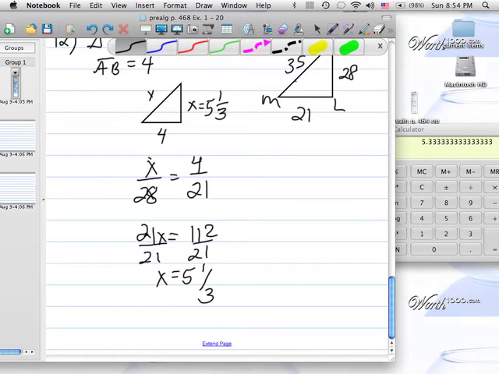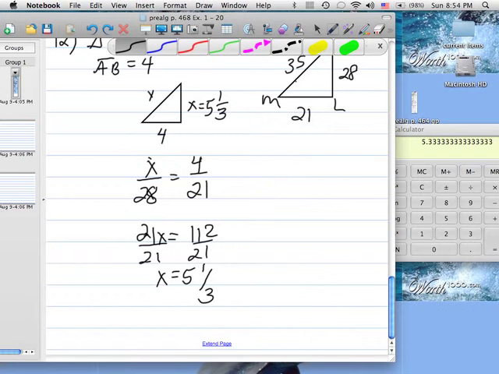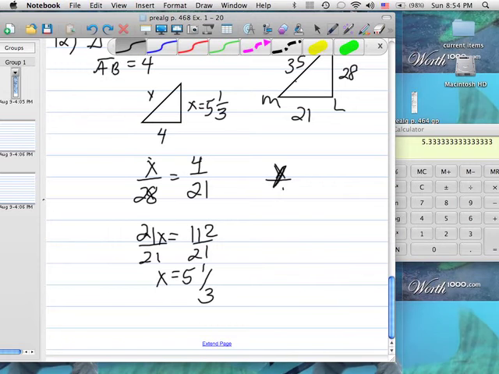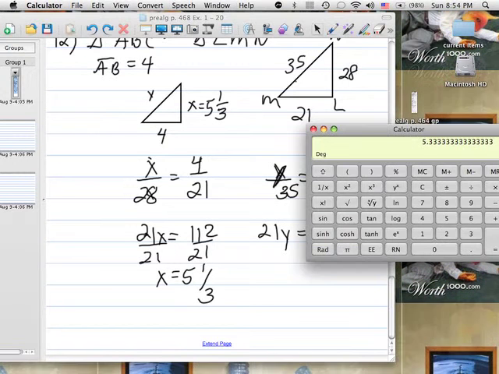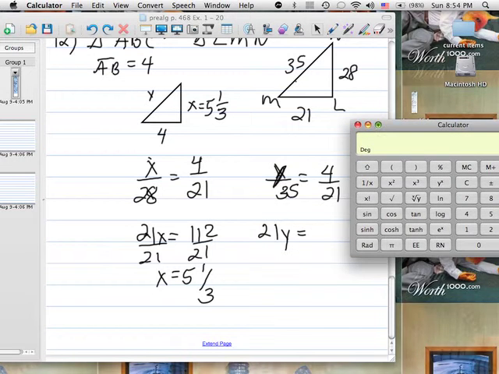And then this side here, this is y. Y is to 35 as 4 is to 21. So cross product, 21y equals 4 times 35, which is 140.